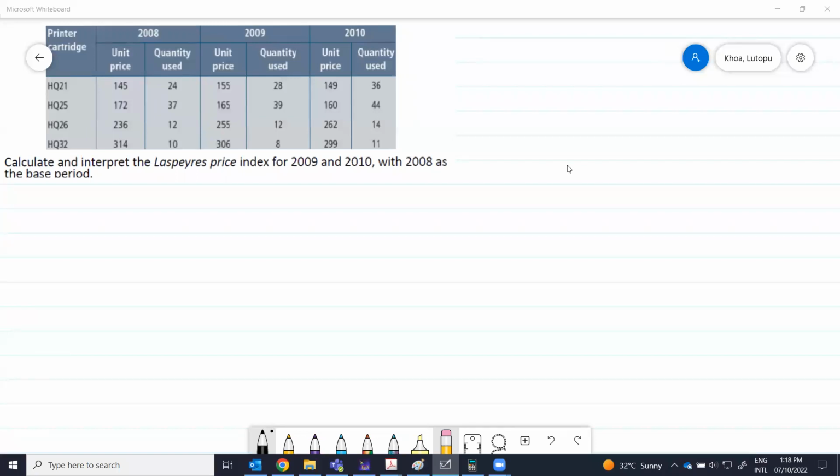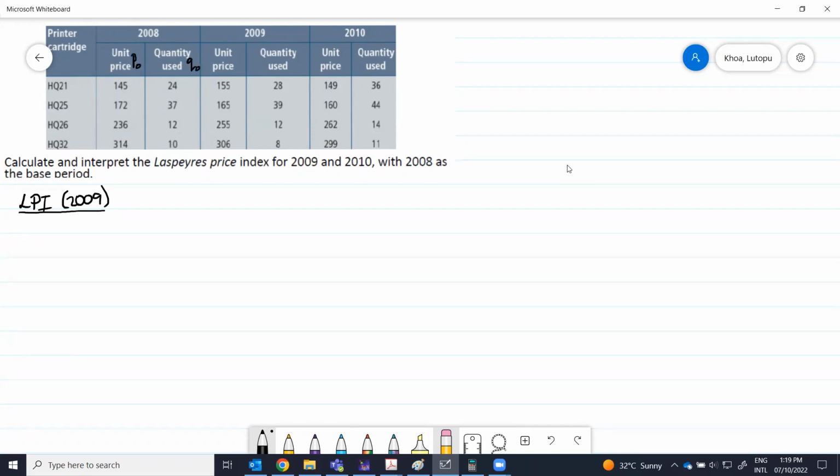B, we have to calculate the Laspeyres price index for 2009 and 2010. So we're working out two Laspeyres price indexes. So we start with the one for 2009. 2008 is our base year, so this will be our P naught. This will be our Q naught.